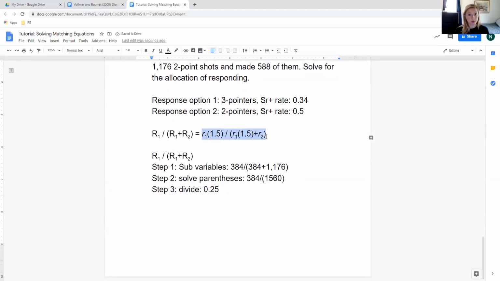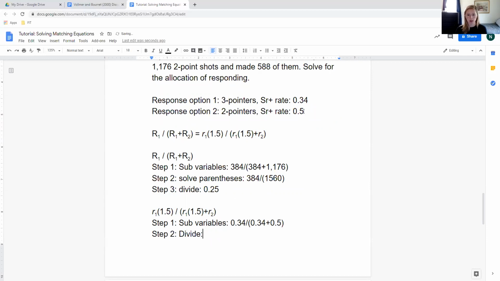Now we will solve for the reinforcement that was available for those responses. Step 1, substitute the variables. In this case, our R1, remember our reinforcement rate for 3-pointers was 0.34, and that's going to be divided by the sum of each of these, so 0.34 plus 0.5. Oh, excuse me, we're not going to divide next.